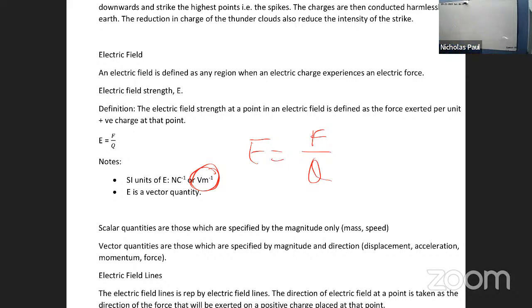Take a minute and see if you can come up with the formula that will give you that unit. Right now, all we have is newton per coulomb, but we need something that will help us get volt per meter.